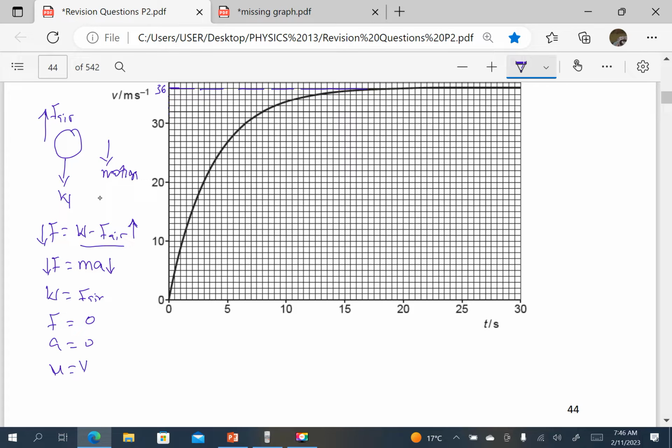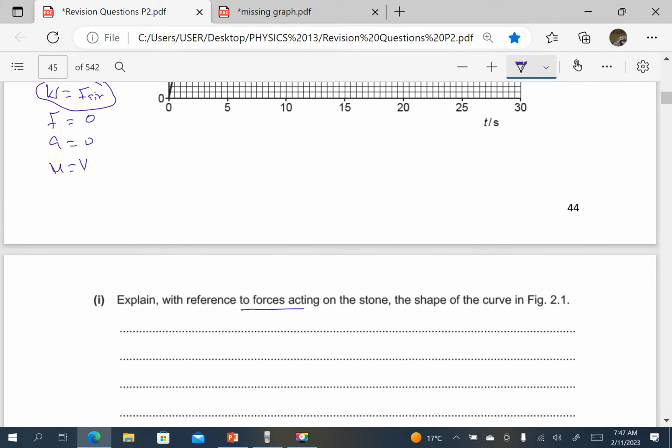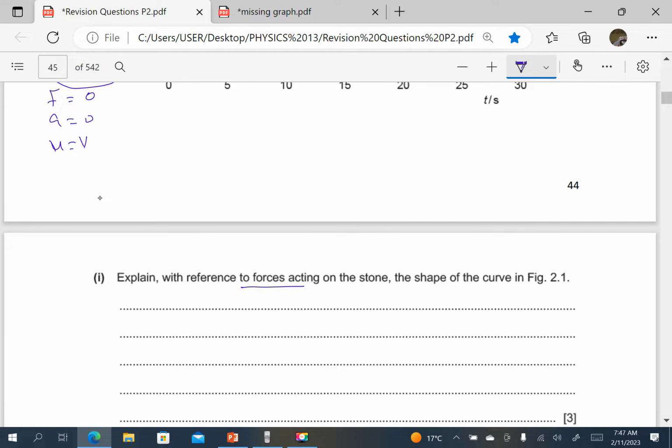However, we have seen that when the weight equals the air resistance, the resultant force is going to be 0, and therefore the acceleration will be 0, and therefore the speed becomes constant. Okay, so we are saying air resistance increases with the speed.